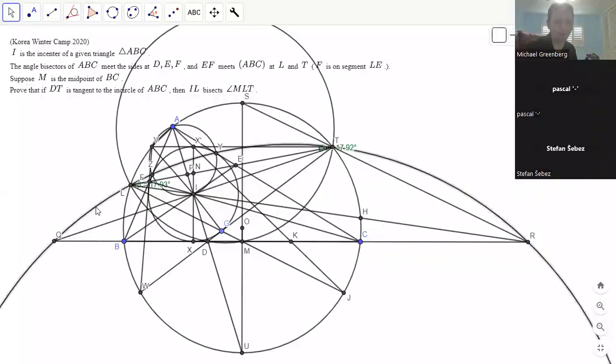I'm just going to keep trying to show that this is cyclic for the time being, or that these are collinear: Q, L, S. Also, what I noticed is that W is, under the problem condition, the touch point of the mixtilinear incircle.